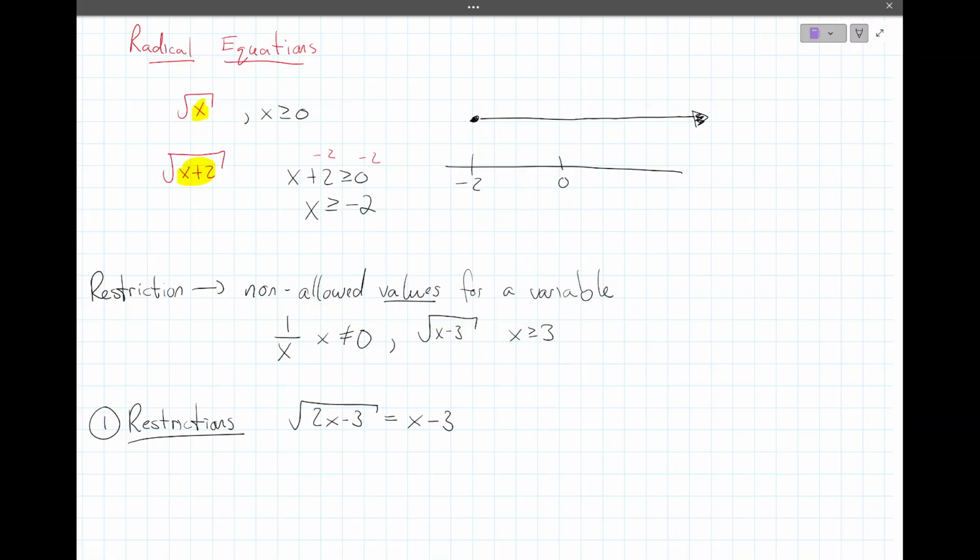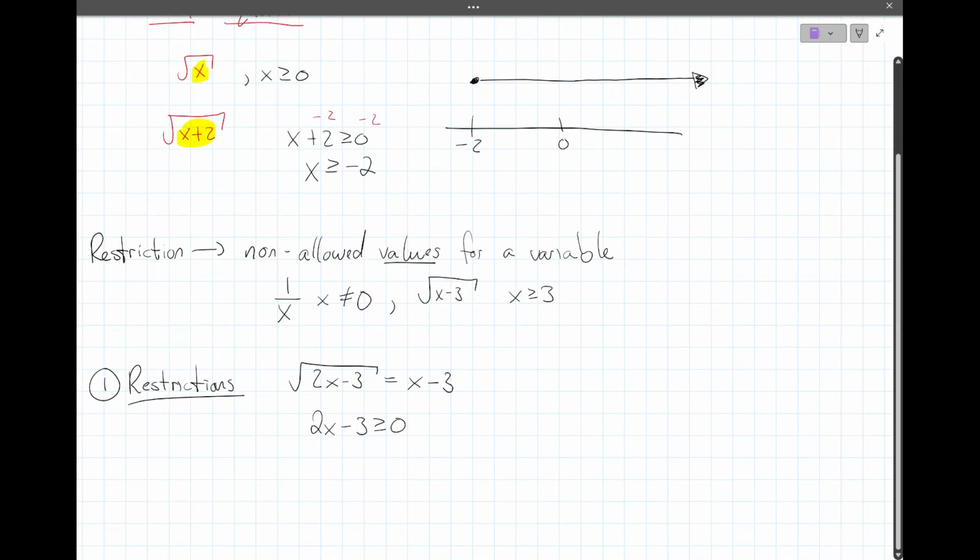What I need to know is that what's under the radical needs to be greater than or equal to 0. So I'll have 2x minus 3 has to be greater than or equal to 0. I can just algebraically solve for this. Add 3, and I'll get 2x has to be greater than or equal to 3.